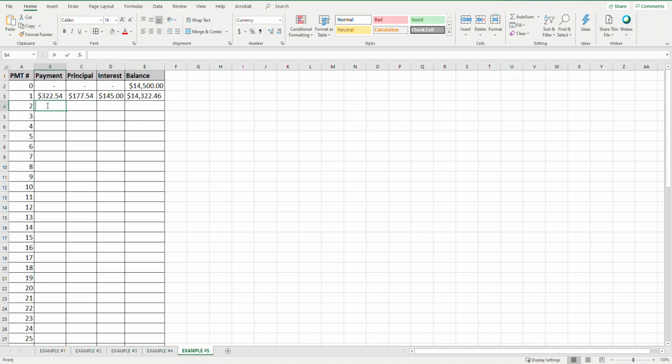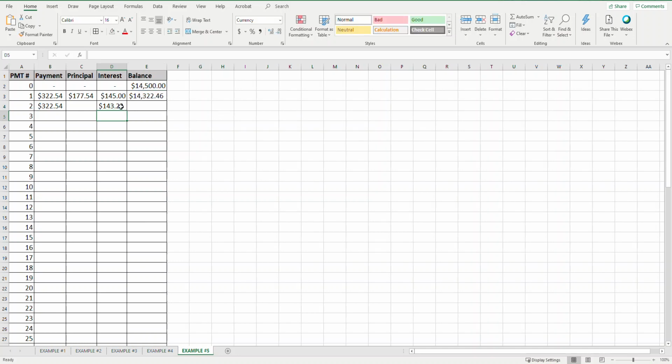Now notice that essentially you can do this again. Yeah, it's the same payment, right? Okay, but the interest that's due is equal to this amount, multiplied by 0.12 divided by 12, and then we just hit enter.